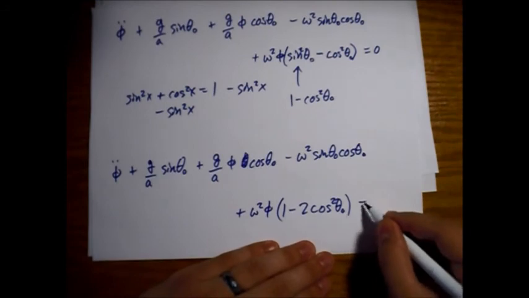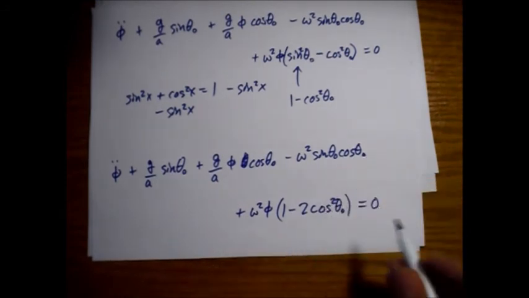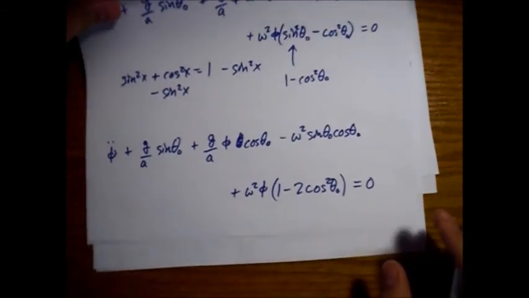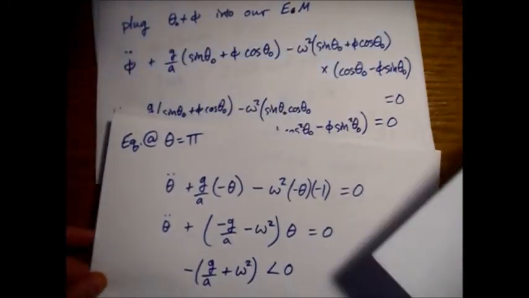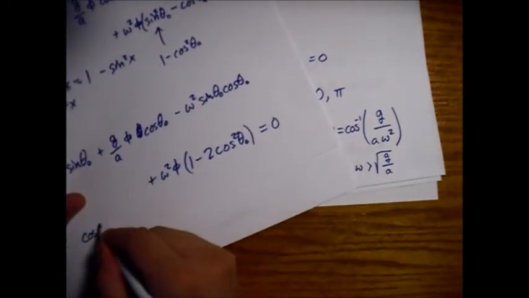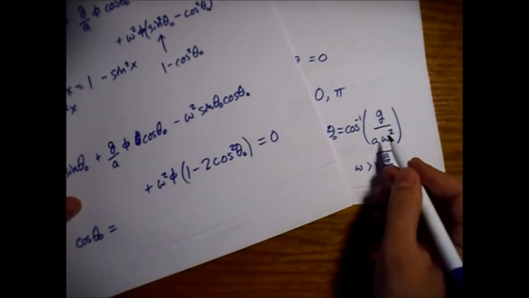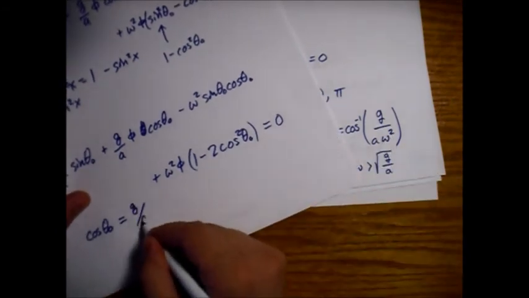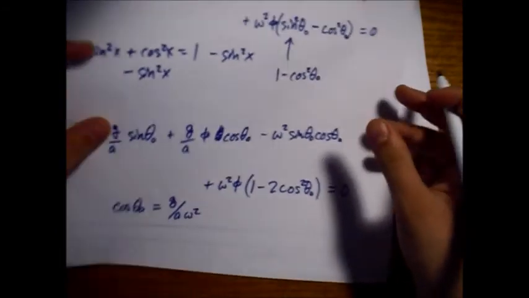As many of these cosine of theta naughts as we can, because now what we're going to do is plug in this right here, or in other words, anytime there's a cosine theta naught, that's going to be equal to g over a omega squared.